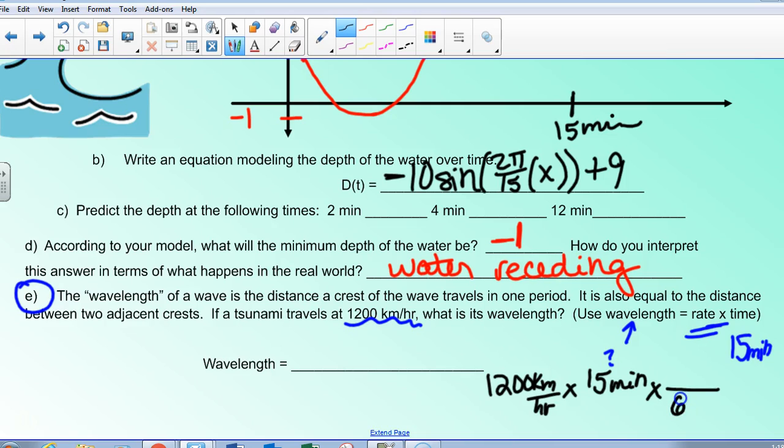We got to do 60 minutes down here and 1 hour up here, and then the hours cancel, and the minutes cancel, and we're left with kilometers, which is a wavelength. How many kilometers are we left with? 300 kilometers? Yes. So in 15 minutes, the crest of that wave travels 300 kilometers. Okay? 1,200 kilometers an hour. It's coming in fast.